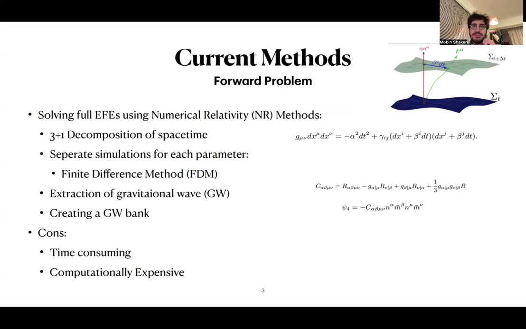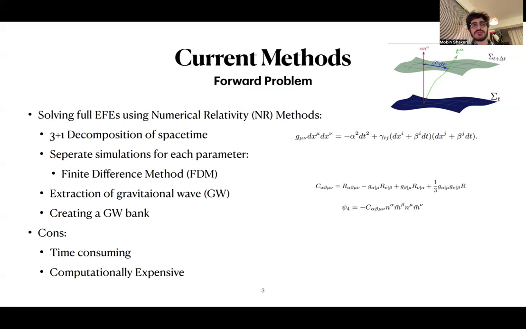First, let's look at the standard approaches used today to solve the forward problem. In a standard numerical relativity approach, we first decompose the PDEs and the operators into a 3 plus 1 decomposition of space-time. Then we separately simulate for each specific parameter, and extract gravitational waves from it.